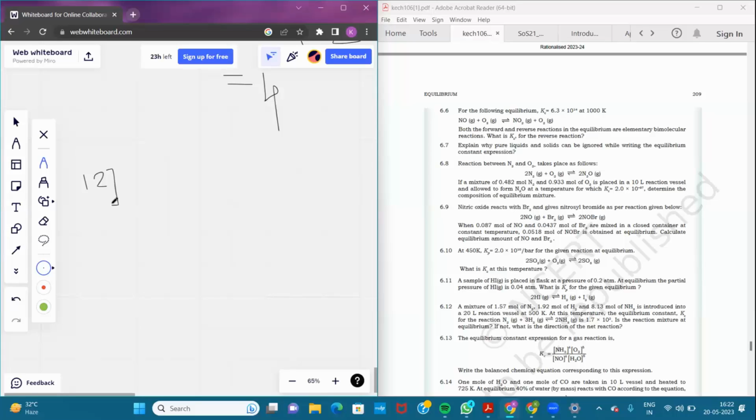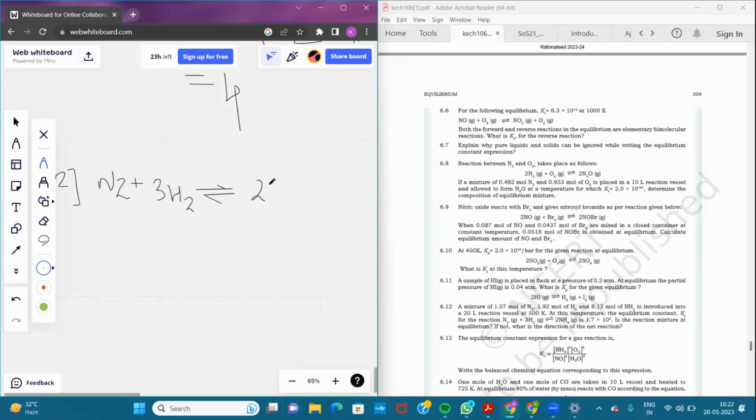Here, when all products and reactants were introduced into the vessel, we need to check the reaction quotient Q. The expression is similar to that of the equilibrium constant expression, but the difference is that for the equilibrium constant the concentrations are those at equilibrium, whereas for the reaction quotient they are at any time we want to check.